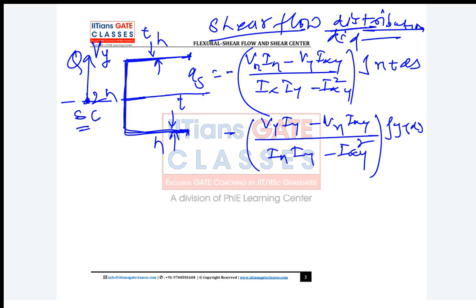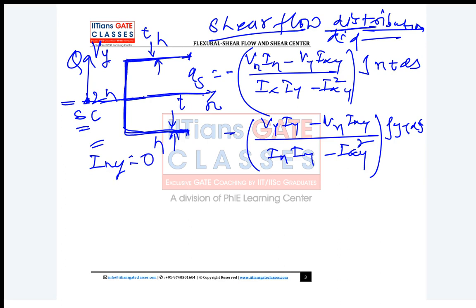Now if you see this given section, it is a symmetric section, right? It is symmetric about this axis. Suppose this axis is the x-axis. Yes or no, guys? This C section is symmetric, right? So that means Ixy is 0.